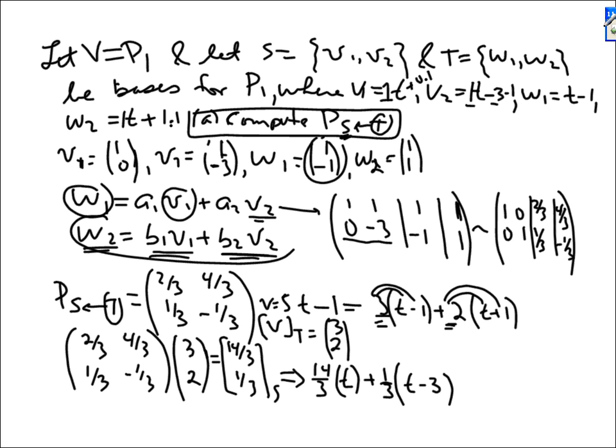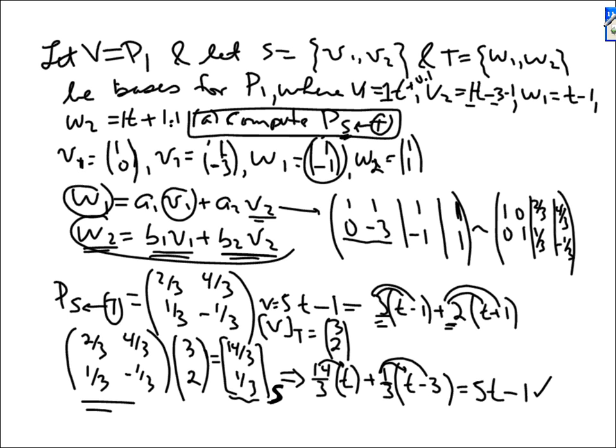What I get is 14/3 t plus 1/3 t, which is 15/3 t, or 5t, plus 1/3 times -3 is -1. So it did work. This transition matrix gave me the coordinates of v, 5t minus 1, with respect to S.